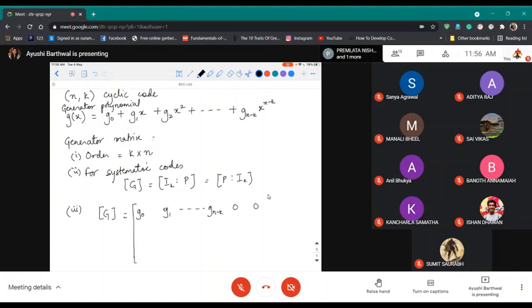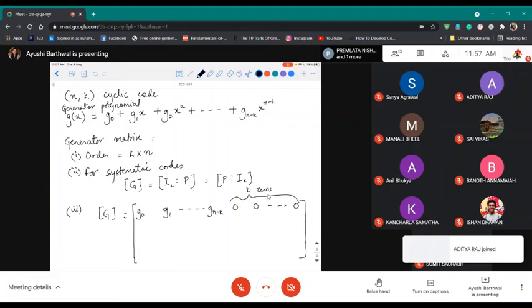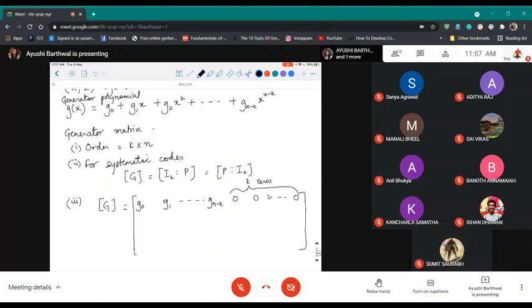Since these are the n minus k columns, we need n number of columns in this, so we will be adding k minus 1 zeros to the first row. Similarly, for generating the second row, we shift our first row by 1 bit.